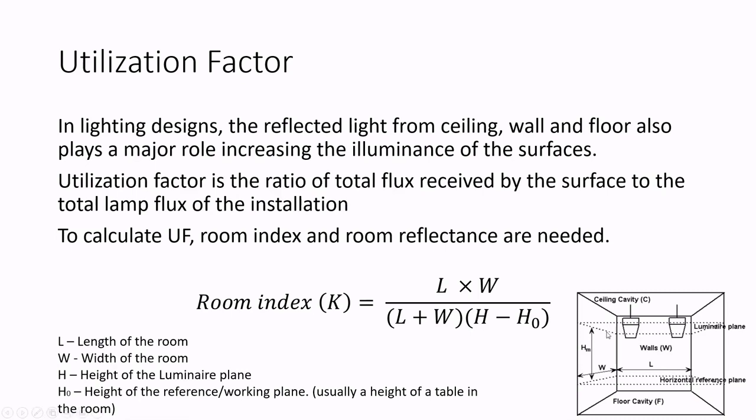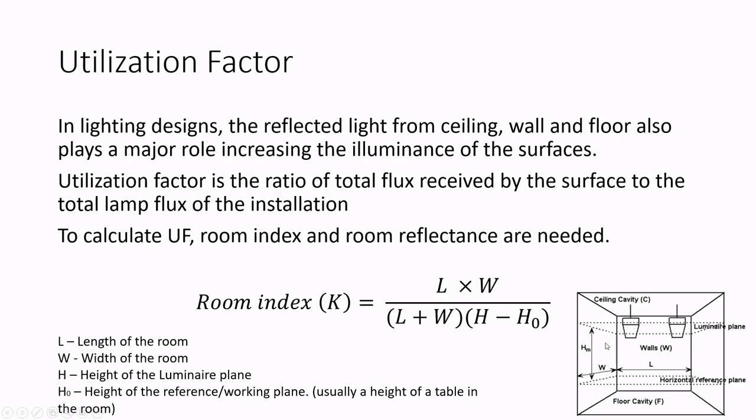If you observe this figure, you can see the luminaire plane and the horizontal reference plane. These two planes play a major role when you are calculating the room index. The room index equation is room length times room width, divided by room length plus room width, times the difference between the luminaire plane and the horizontal reference plane.